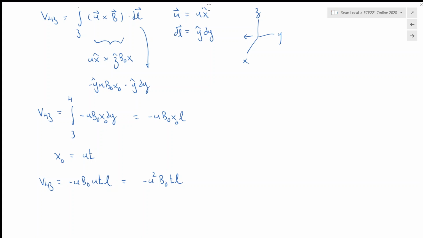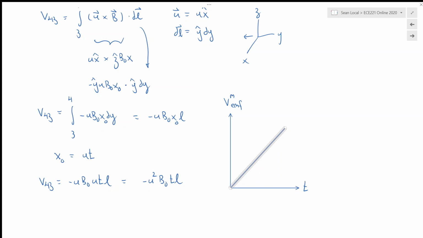If we were to plot the EMF, or the motional EMF, as a function of time, it is a linear function, as I just said. And this actually makes sense when we think about Faraday's law, because Faraday's law says that we take the time derivative of the magnetic flux in order to find the EMF, and technically it's a negative of that.